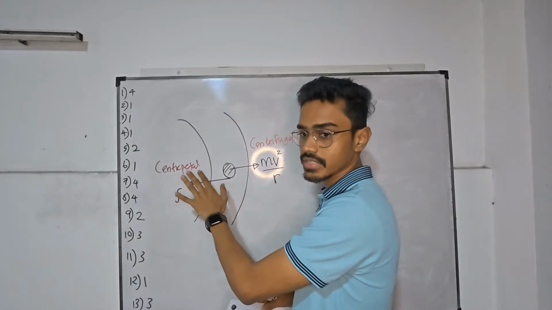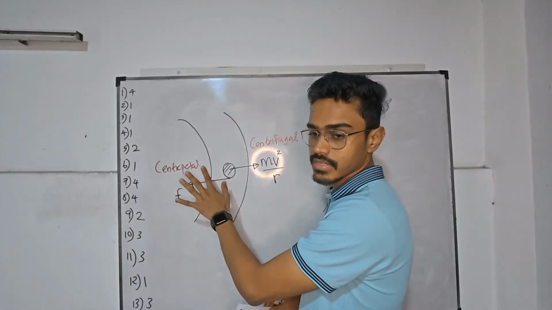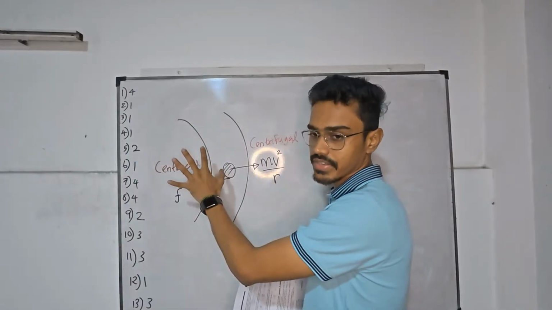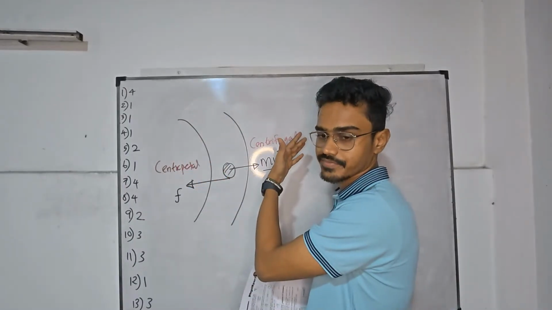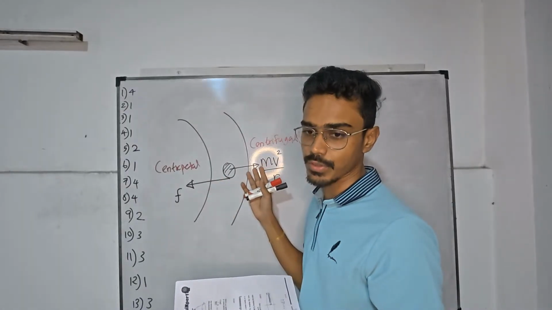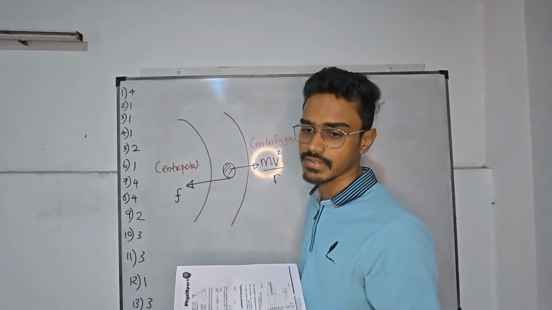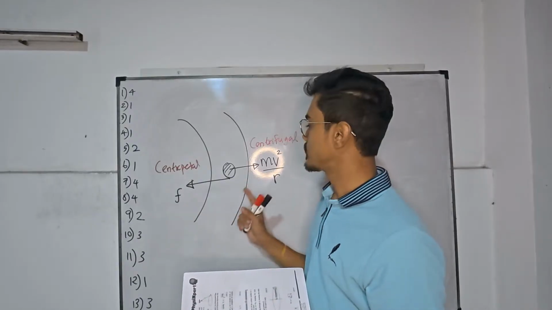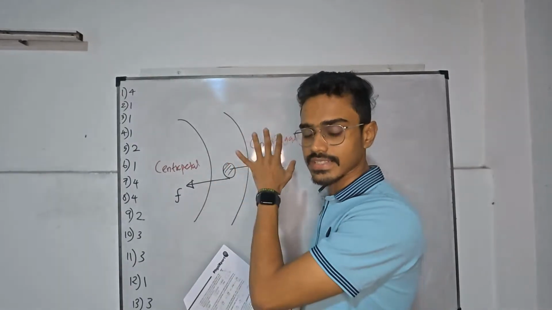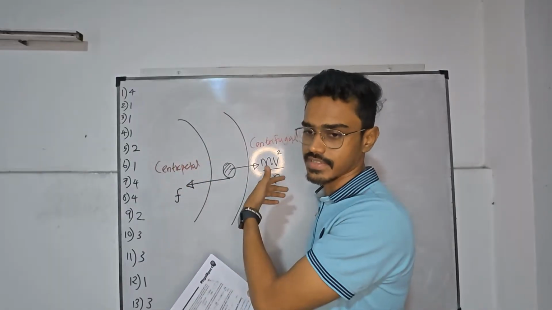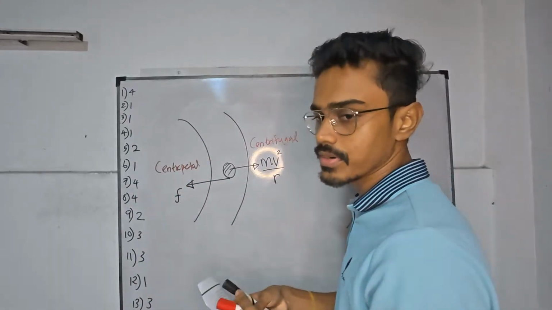Friction is mu R; mu remains the same, R remains the same. Friction is a constant value, so if centrifugal force exceeds friction, friction can't counterbalance that force, so it skids.